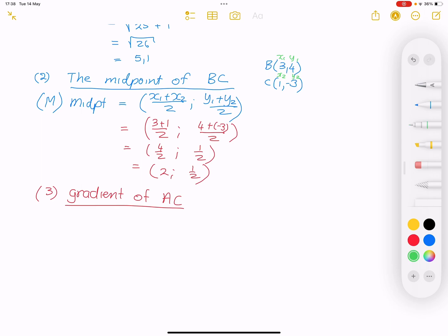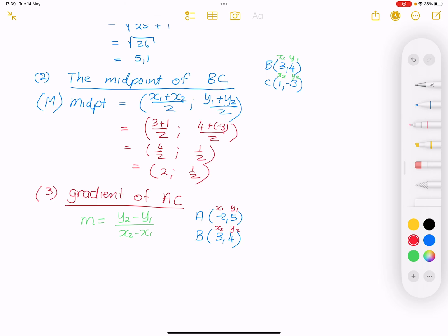Now the formula for gradient is (y2 minus y1) over (x2 minus x1). Now I write down A is the point (-2, 5), and B is the point (3, 4). Now again, I call that x1, y1 and x2, y2.